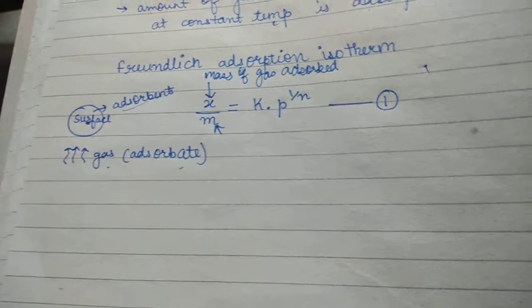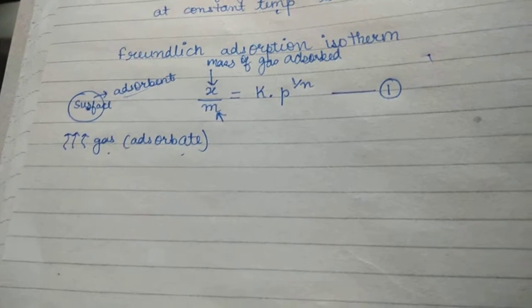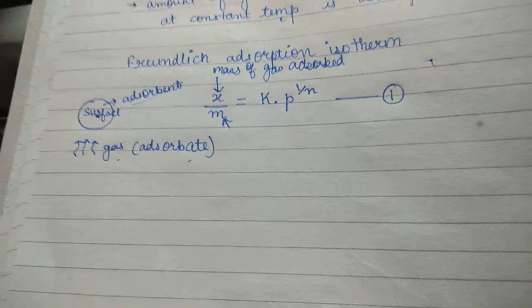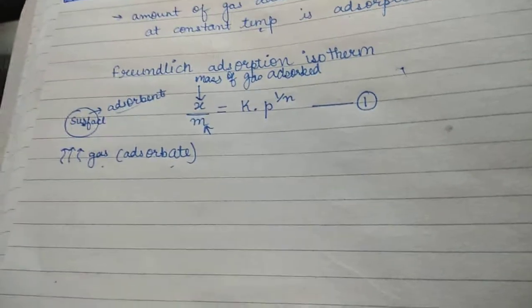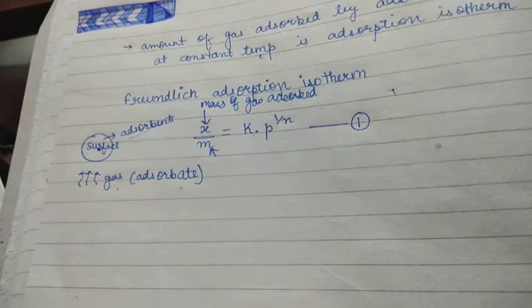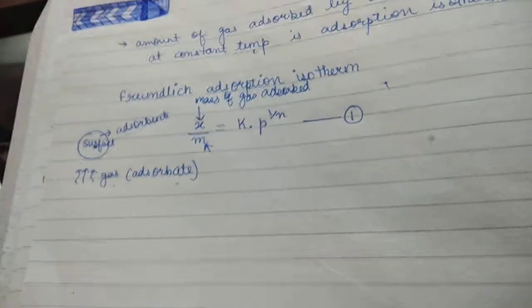This is equivalent to k p^(1/n), p raised to the power 1 upon n. Now p is the pressure and n and k are constants. The value of these constants depends on the nature of adsorbent and adsorbate that are used. We are not concerned with that. The values of k and n vary for different adsorbents and different adsorbates.